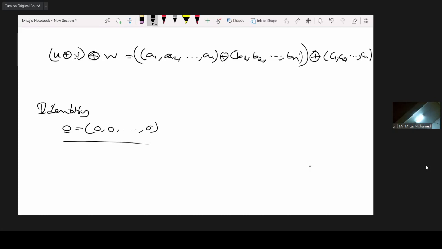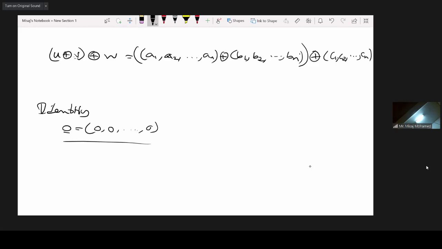Just a minute. What will be the additive inverse of this? So let us take U as any element of Rn, which is A1, A2 up to AN.